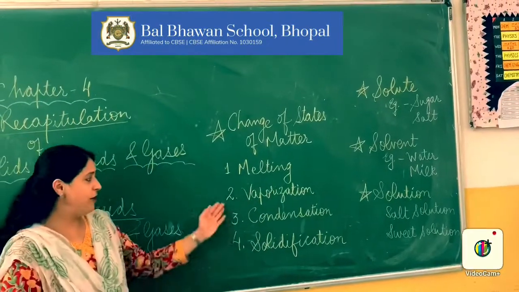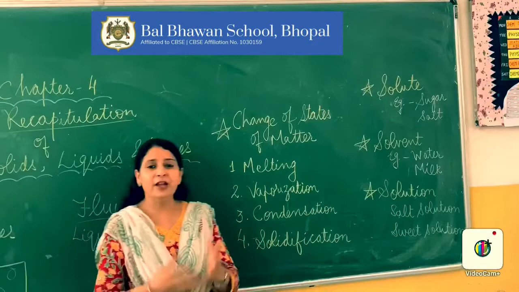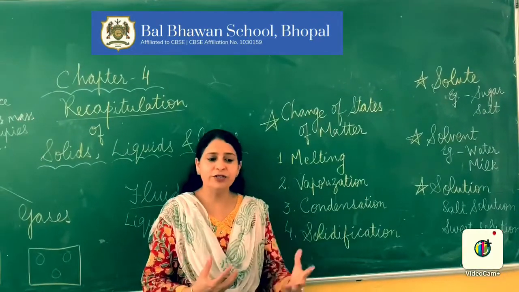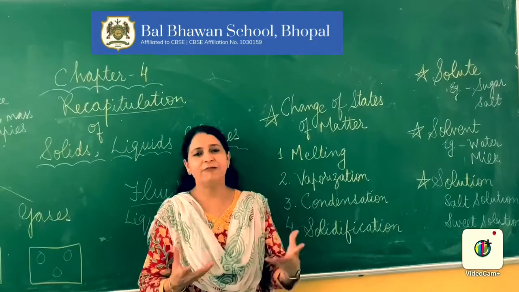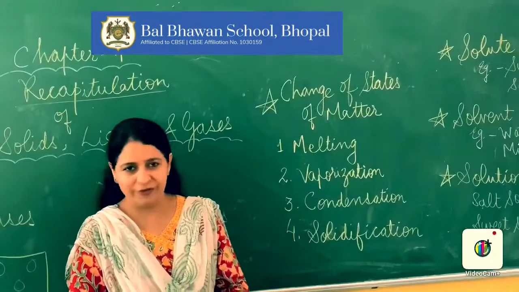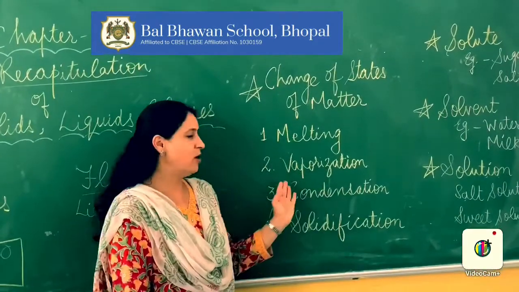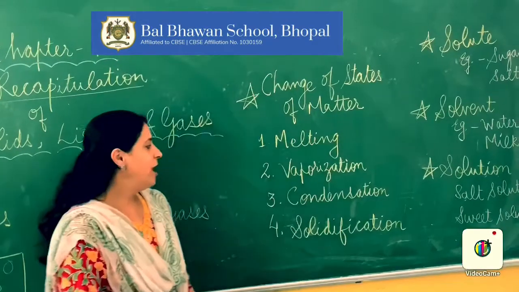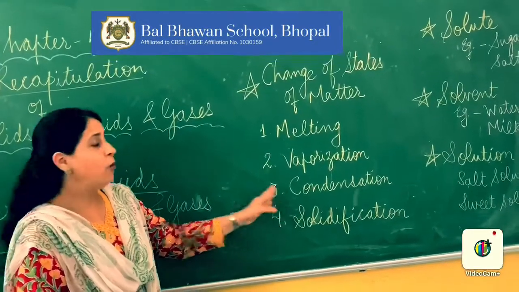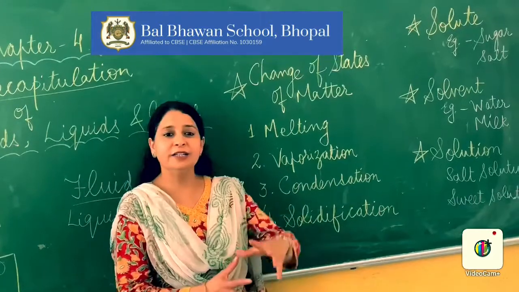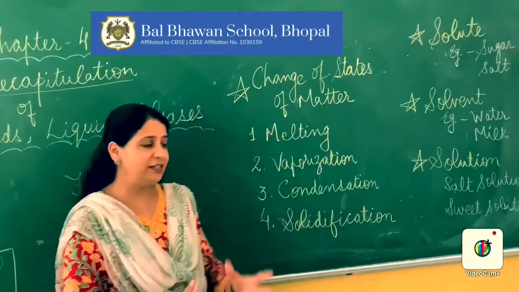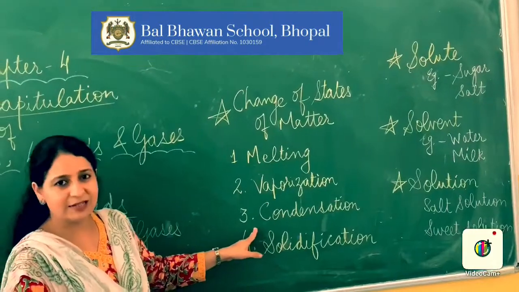Now come to vaporization. When the liquid is heated, when the water is boiled, vapors are formed. The water evaporates into water vapor. So when the liquid changes into gas, it is called vaporization. Now comes condensation. When gases turn back into liquid, it is called condensation.